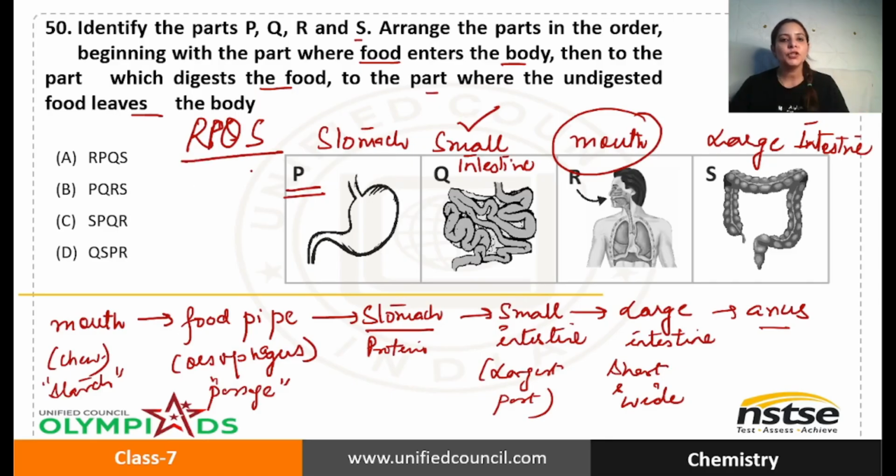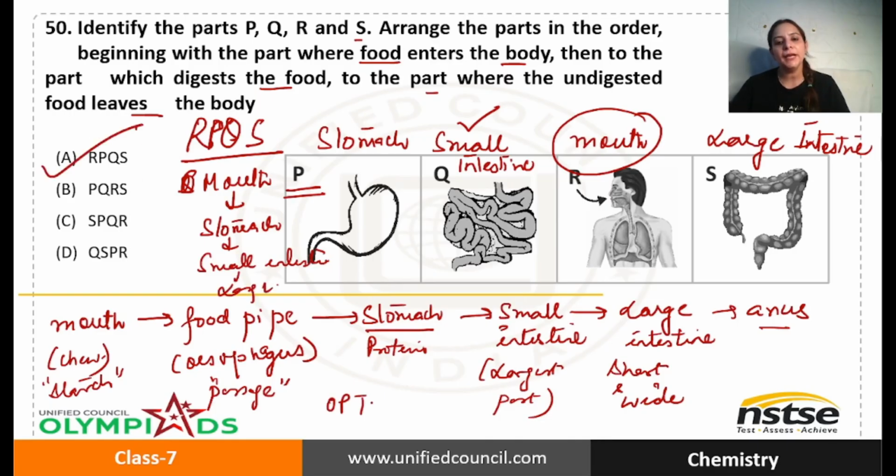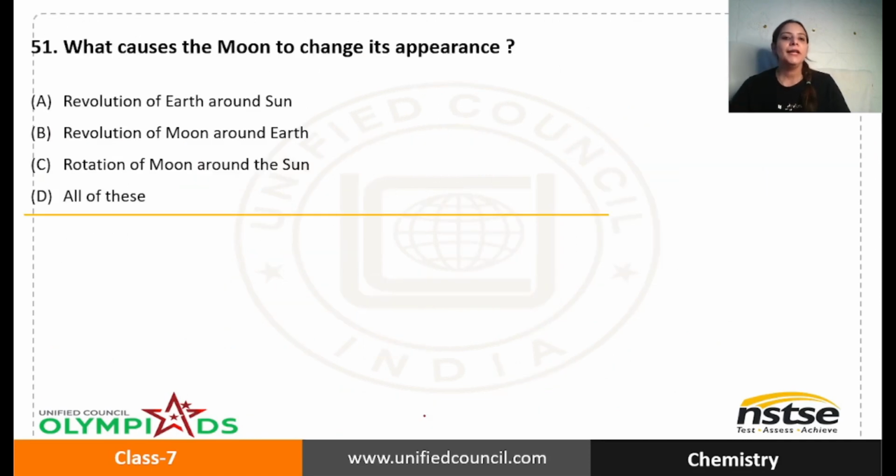So the correct option is RPQS. R indicates mouth, then comes stomach. Out of these organs I'm talking, then where the digestion ends, small intestine followed by large intestine. So the correct answer is RPQS. Which one is the correct answer? Option A. Okay, next question.